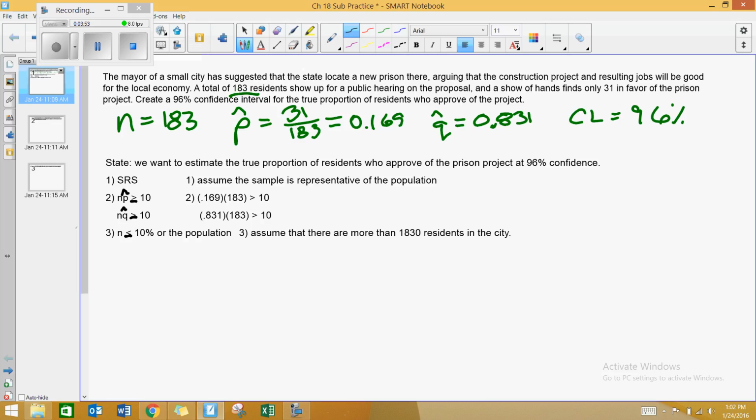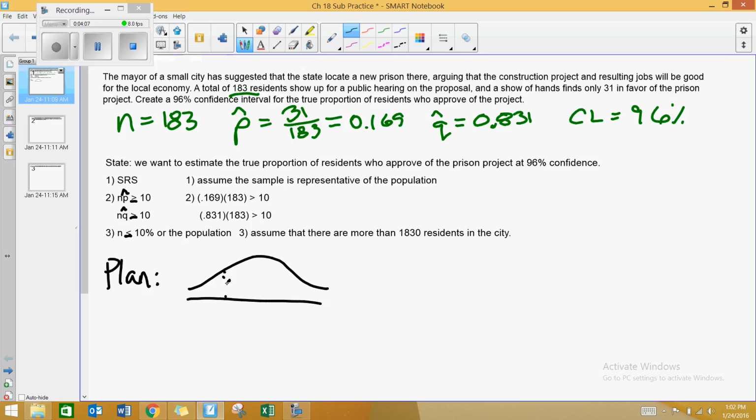All right, so next step is the plan step. For the plan step, if I want 96% confidence, I'm going to ask myself, what is on the left tail and what is on the right tail? So the area under here would be 2%.